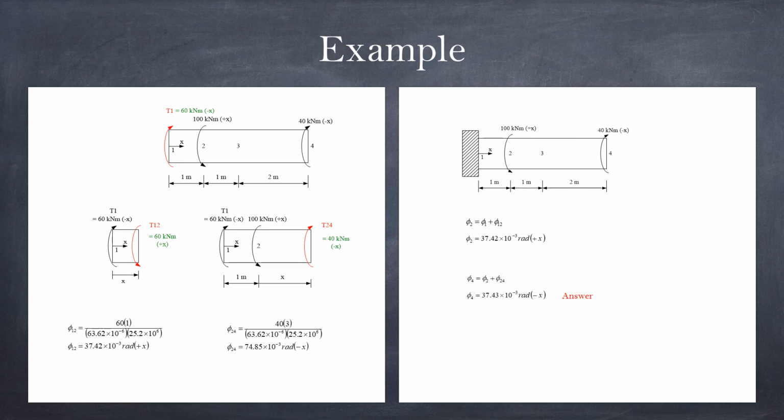And after that, whatever happened at 4 will equal what already happened at 2 combined with what happened between 2 and 4. However, this one here is in the opposite direction. At point 2 it already goes positive x, whereas between 2 and 4 it is going negative x. And therefore you use them to minus each other rather than plus each other, and we get the angle of twist at point 4, phi 4, as follows, and that's the answer. So I put the answer into it.